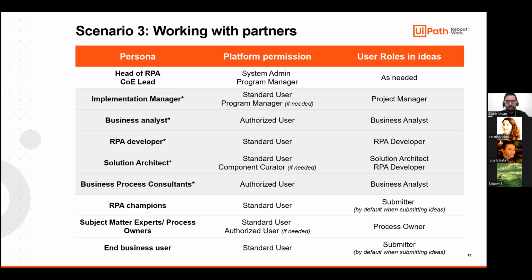If you have a business analyst, it will help speed up the automation process altogether, if they are directly in Automation Hub, right? Outside of the COE, of course, you can have RPA champions, subject matter experts, and business users with the same setup as you saw before. But the main focus here is on what the partners can actually pick up from these personas.